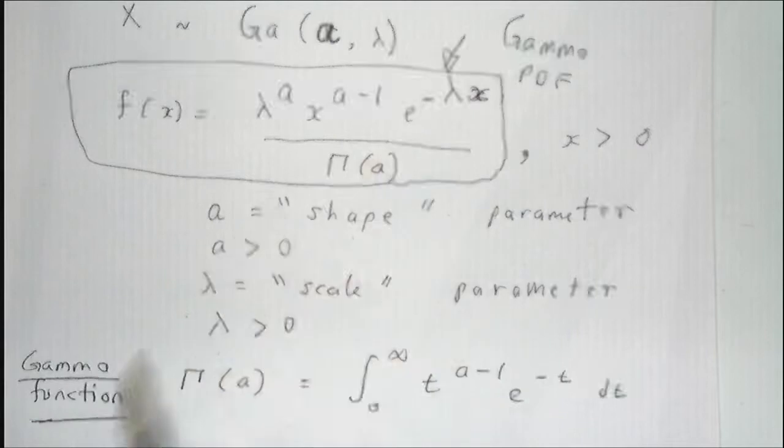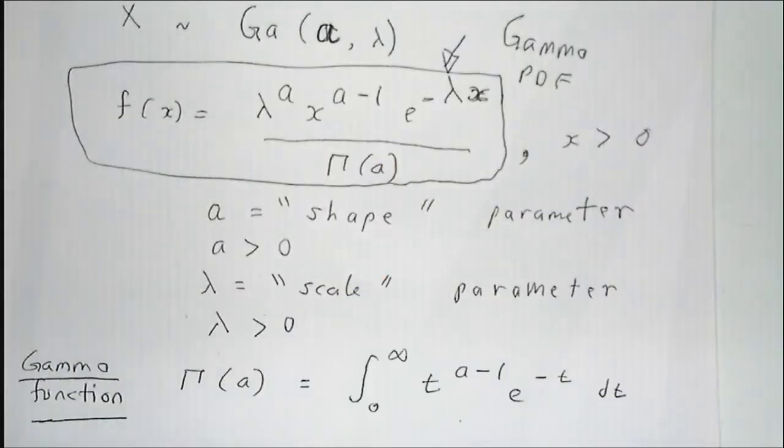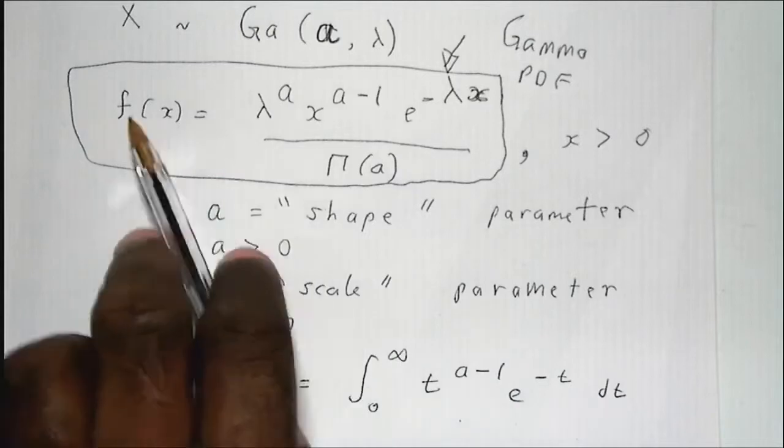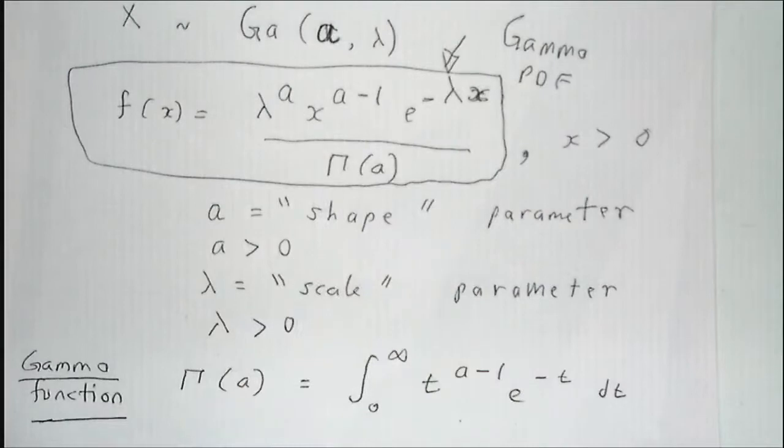These two have nothing to do with each other. This is a gamma density function, and this is a gamma function. This is a mathematical concept, whereas this one here is a statistical distribution. I've seen over the years I've been teaching this course, a lot of people confuse this with this.